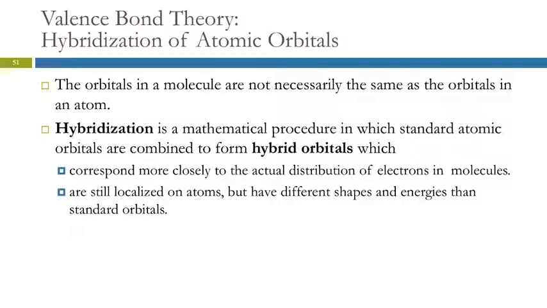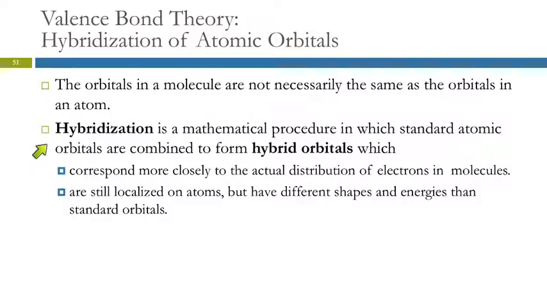Now, exactly how we do that doesn't matter. You can think of it as averaging, right, in a simple way. So we're averaging those standard atomic orbitals to make hybrid orbitals. This is where you're taking the S room and the P room and you're breaking the wall down and you're remodeling. Okay? You're going to make a new kind of room.